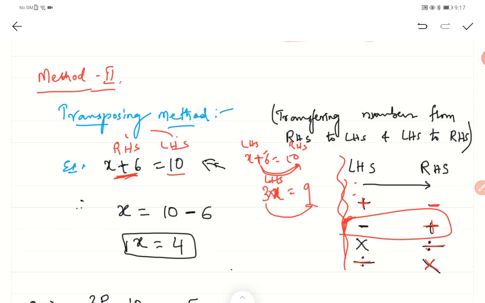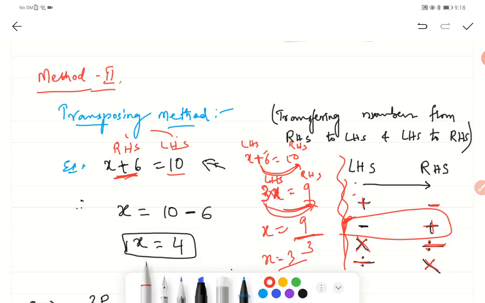Since this is multiplication, when you transfer it to the right hand side, it will become division. Multiplication is becoming division. Here it is multiplied by x, so when it comes to the right hand side, it becomes divided by. So x is equal to 9 divided by 3.